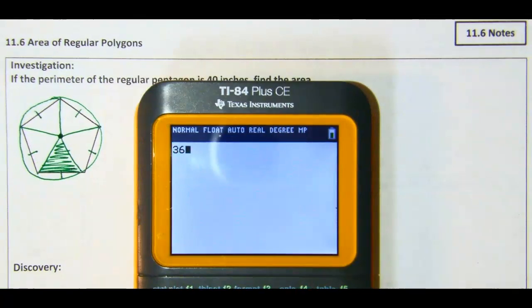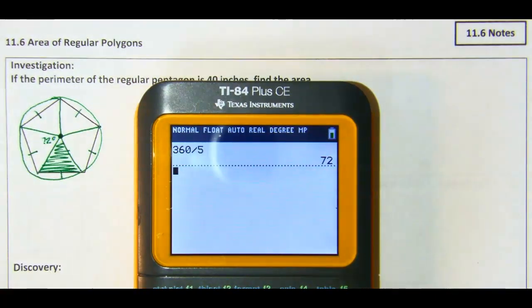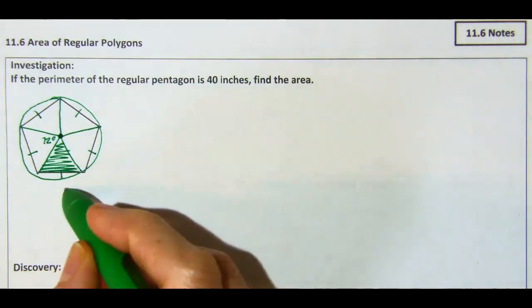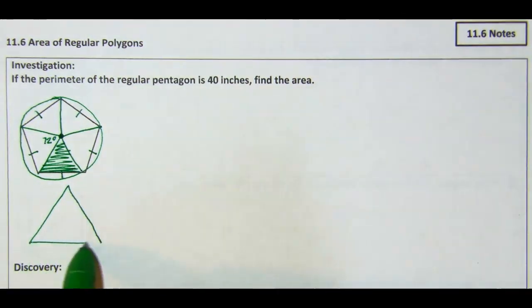If it's 360 degrees and we have 5 equal sectors, then every angle here at the center is going to be a 72-degree angle. So we are going to take out this one triangle, and all of the triangles are identical, and we know some information about it.